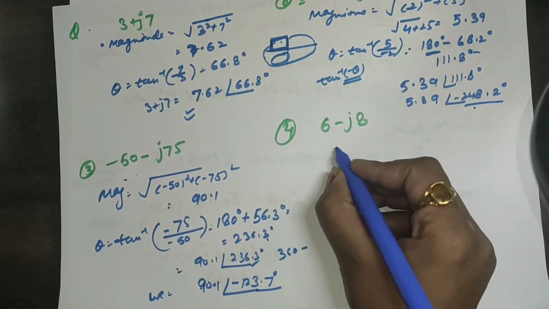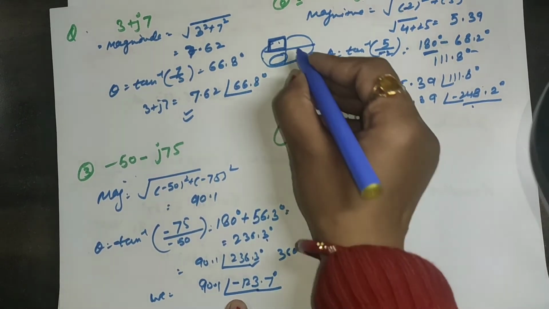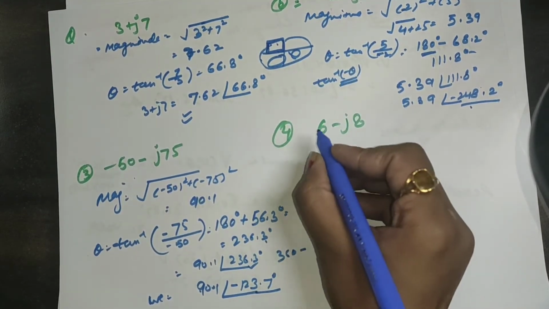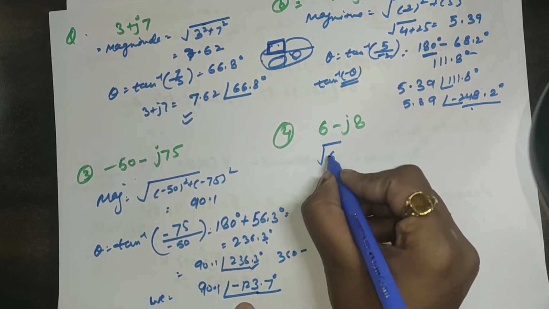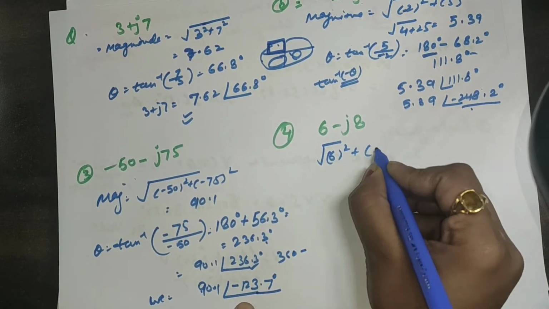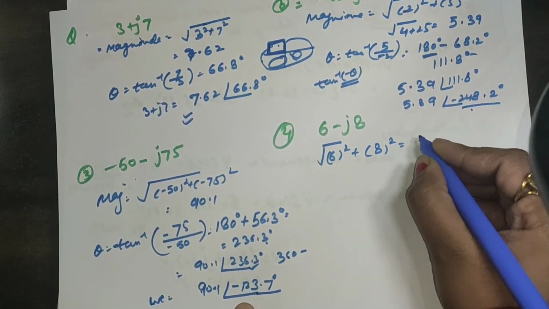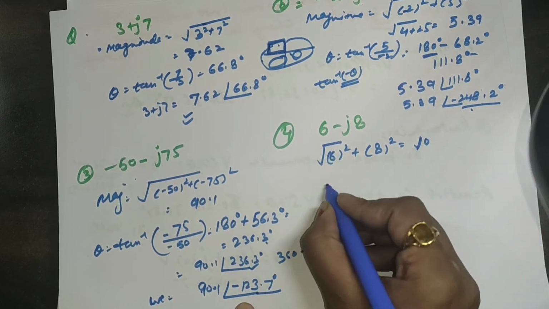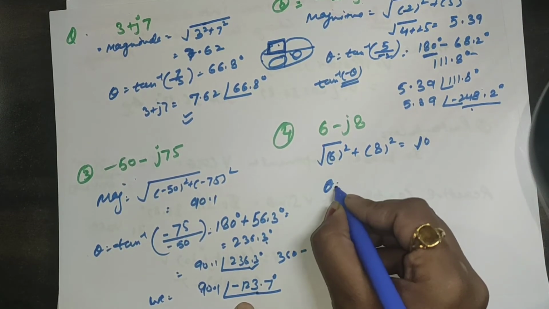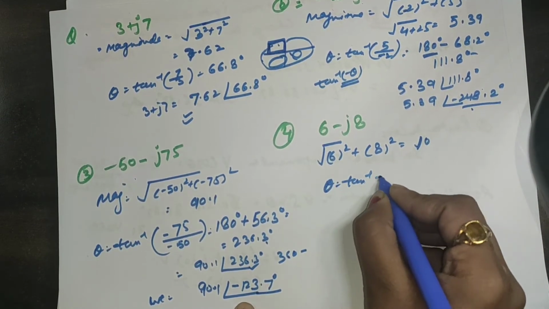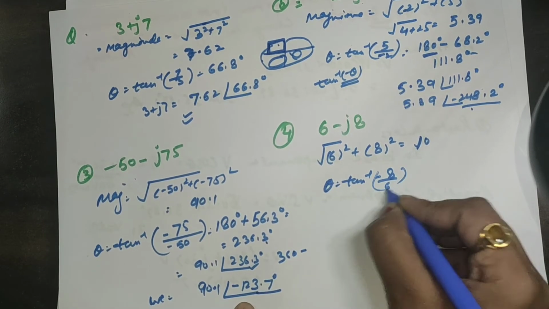Now the fourth one is a plus minus j beta, that will be in the fourth quadrant. So magnitude is the same, 6 square plus 8 square, that will be 10. Now theta will be tan inverse minus 8 upon 6.